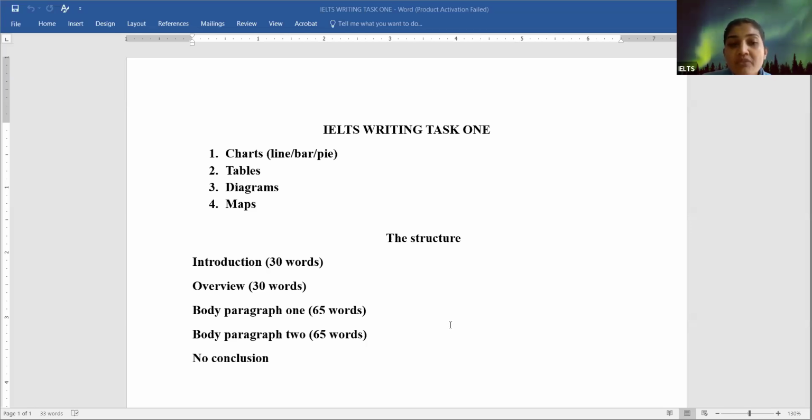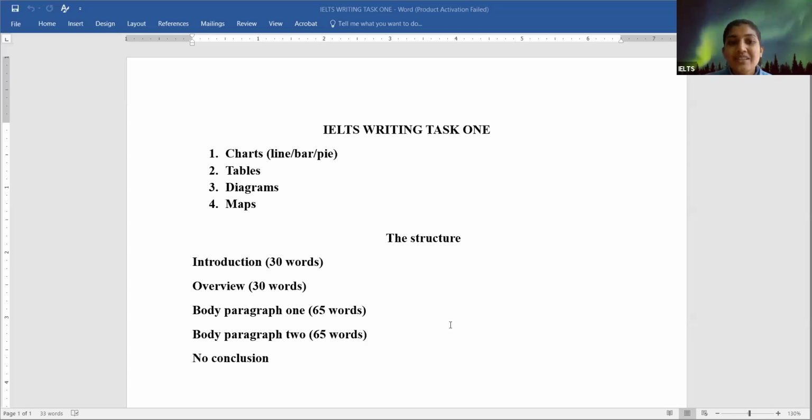So the main purpose of developing the introduction is explaining what this is. It means think that you got a table. Then you have to illustrate the data on the table. So you have to write your first paragraph, as an introduction, about what this table is, what this chart is, what this diagram or map is.